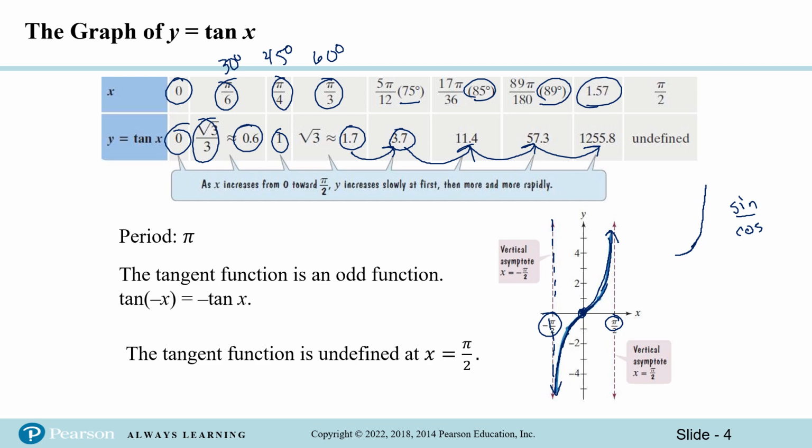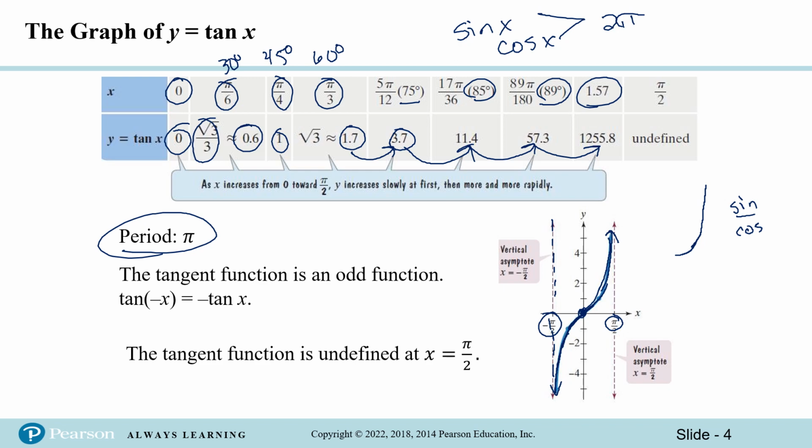Okay. With the sine of x and the cosine of x, those both had a period equal to 2 pi, but the tangent has a period of pi, okay? So it's pi units long. It doesn't mean it starts at 0 and goes to pi, it means that it's pi units long.